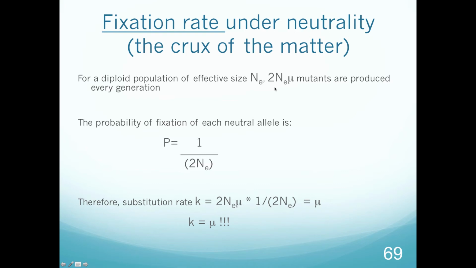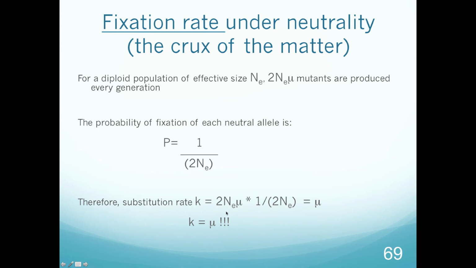The number of new mutations in a population is 2 times the effective population size times the mutation rate. So if we multiply these two quantities together, 2Ne times mu times the probability of fixation gives us the substitution rate.